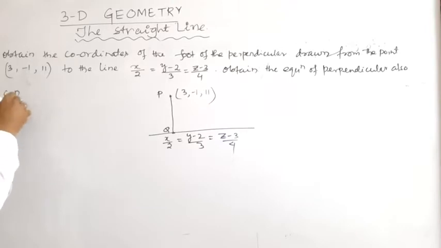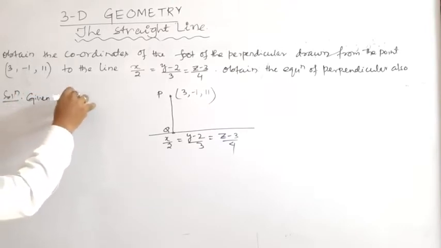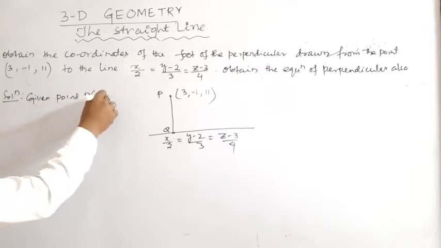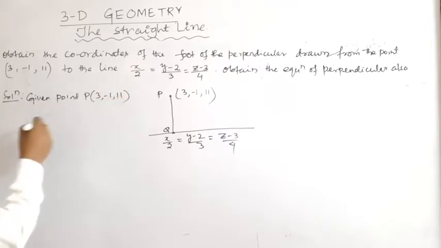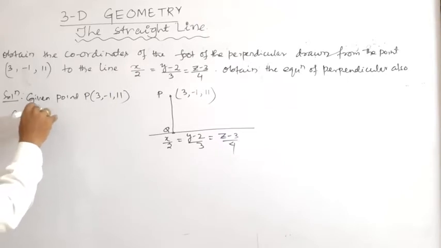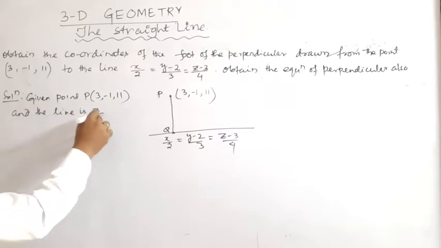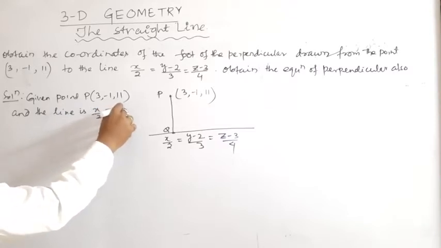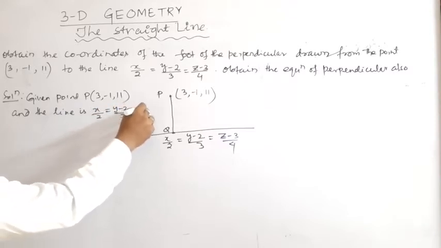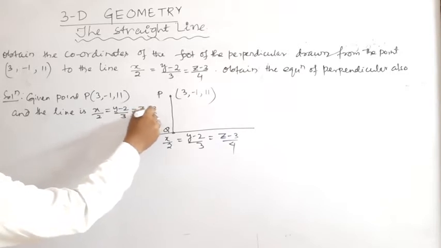Solution: the given point is P (3, -1, 11), and the line is x/2 = (y-2)/3 = (z-3)/4.